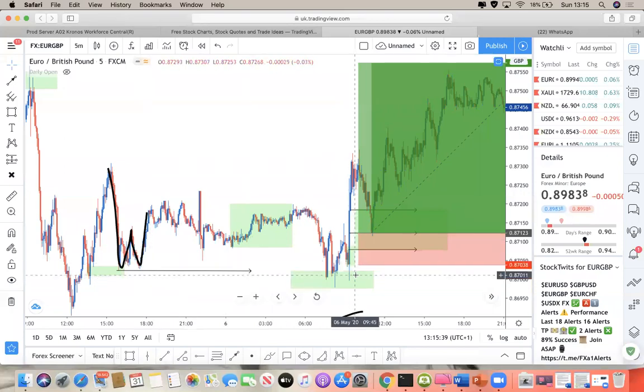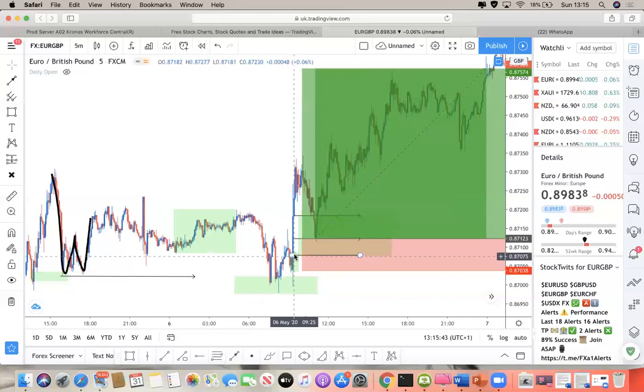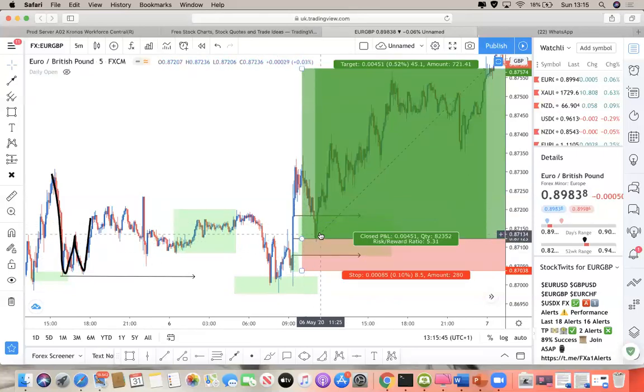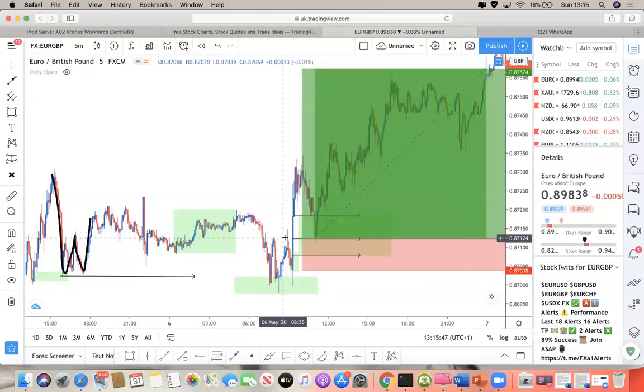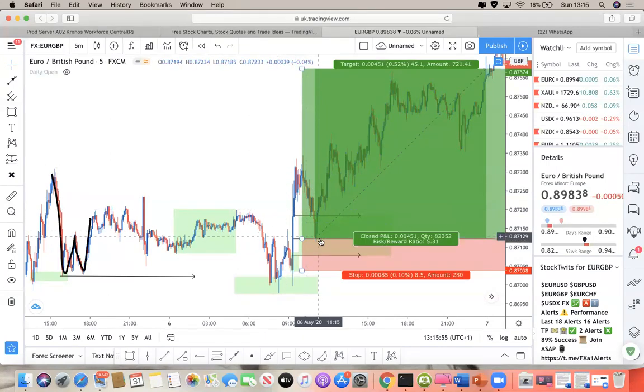That's your 3rd confirmation. 4th confirmation: are we getting a pullback into the imbalance? Liquidity is where people are likely to place their stop losses.